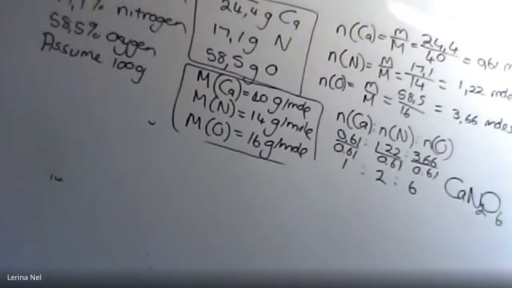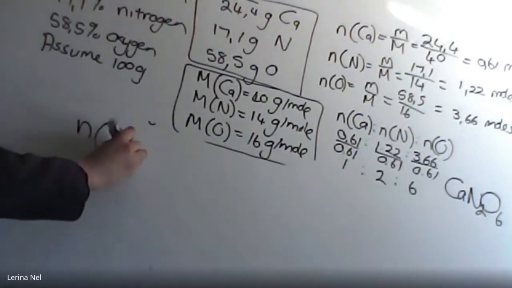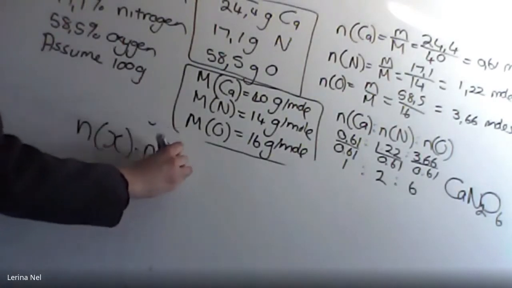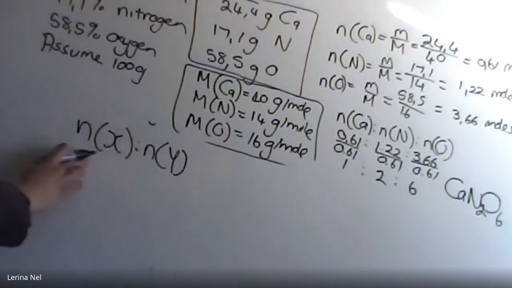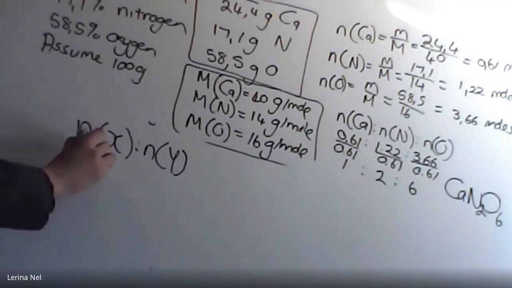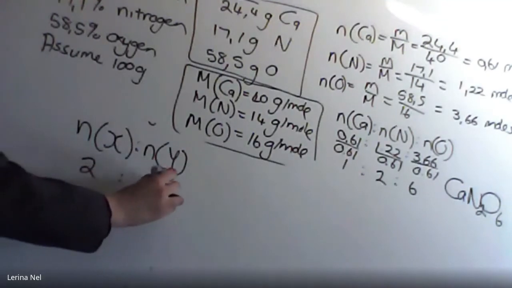If you get, let's say, the number of moles of substance X to the number of moles of substance Y, let's just use 2, and this number was 2.5.